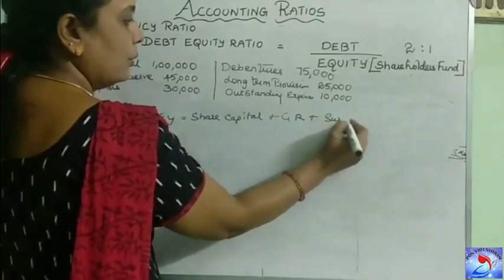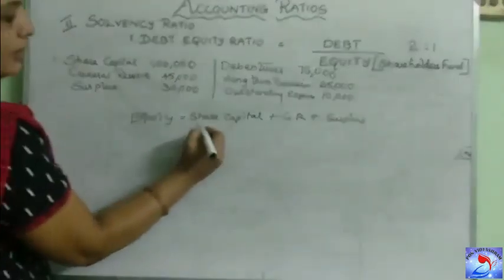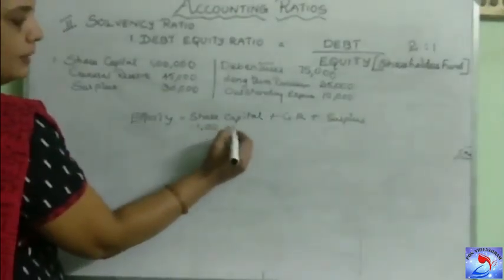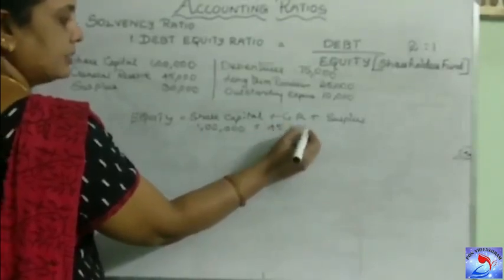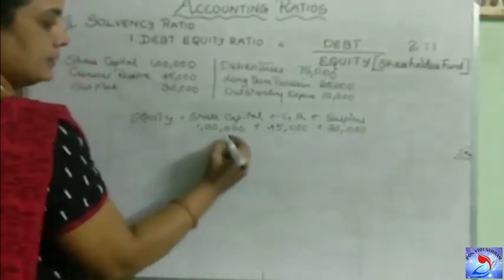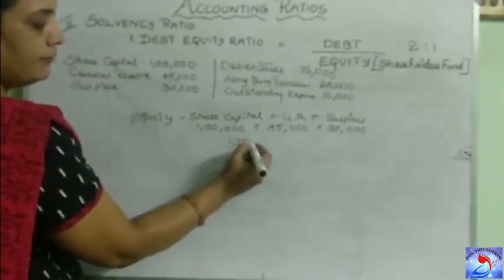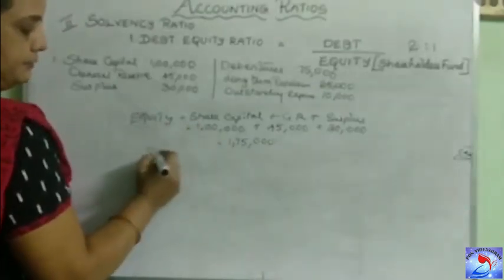If you add all these three items, 1 lakh plus 45,000 plus 30,000, that gives you equity as 1,75,000. Okay. Now, debt.